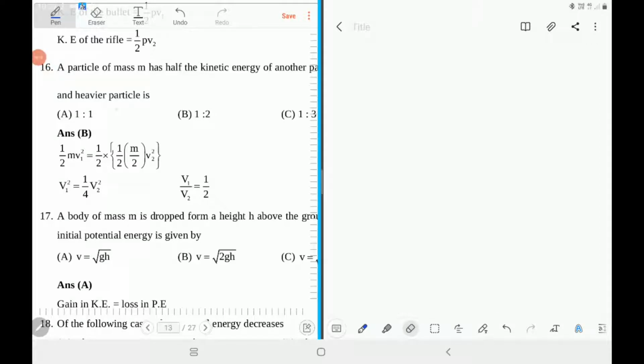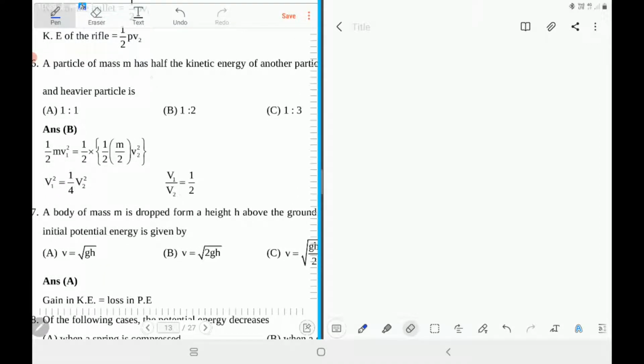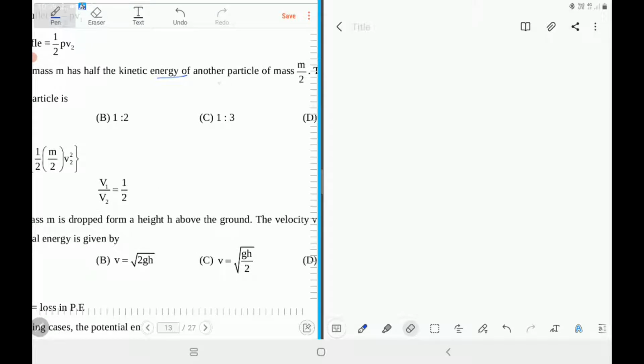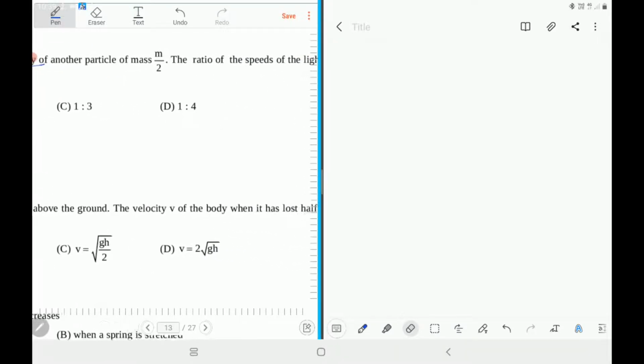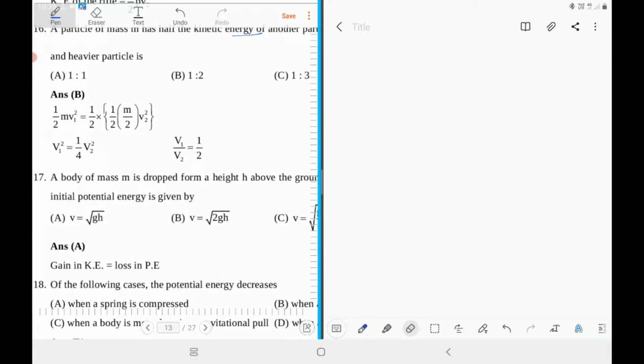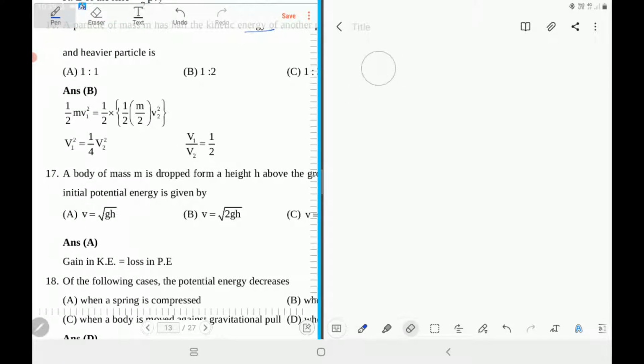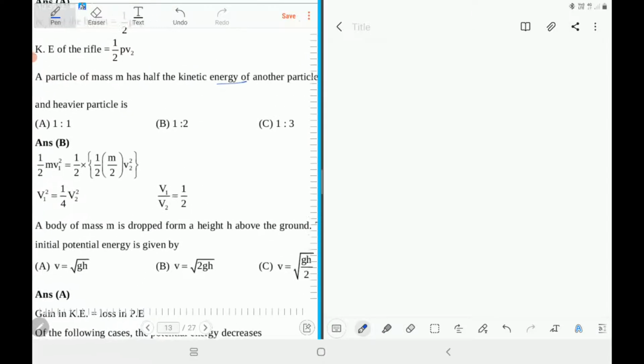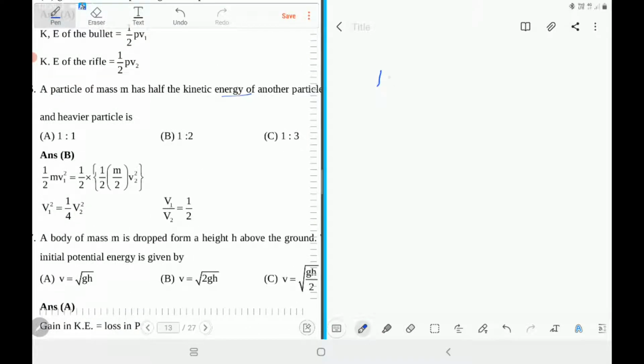Yes, another one. A particle of mass m has half the kinetic energy of another particle of mass m by 2. Then the ratio of speeds of the lighter to the heavier particle is asked. Very simple. What he says in this given problem, kinetic energy of one body is half that of the other one. First body mass is m, second body mass is m by 2.